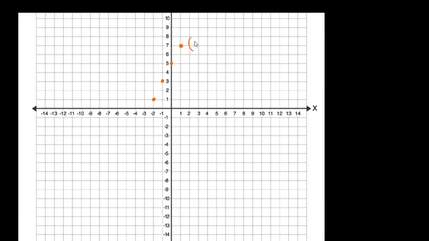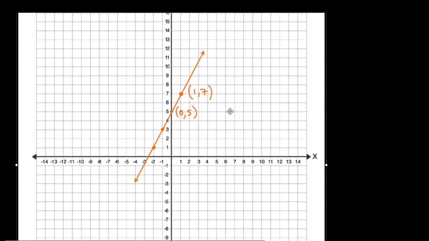This is (1, 7). This is (0, 5). So now let us join these points. So we have drawn the line here. This is y is equal to 2x plus 5.